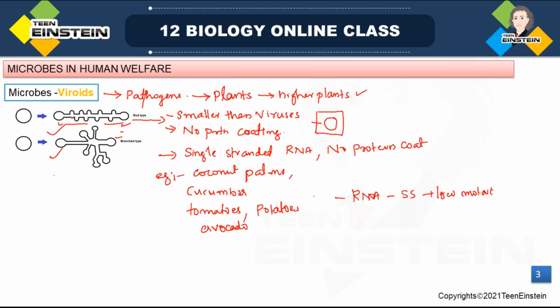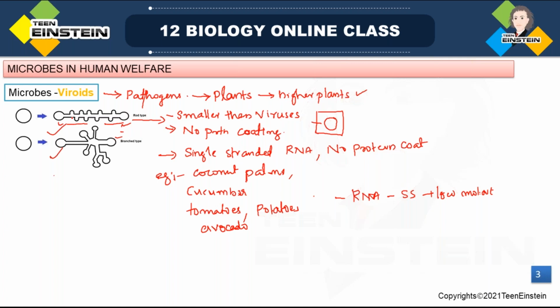What these viroids do is replicate within the host cell. When it enters the plant cell, it gets replicated within that host cell and affects it completely. Finally, what will happen? That will lead to the death of the host cell.